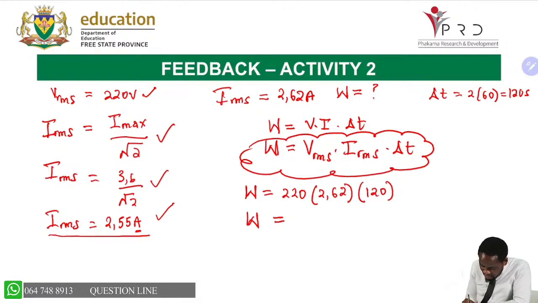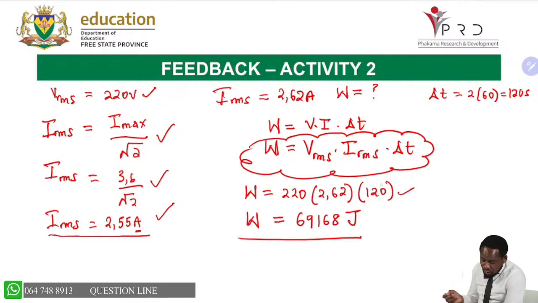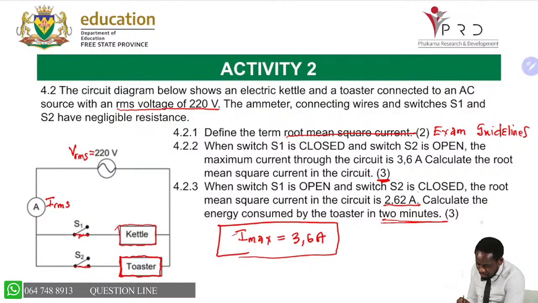So it's 69,168 joules. That's how we get to that. So the formula, substitution, and correct answer with unit give us a total of 4 marks. So pay attention to that. If it's 3 marks, it means it's formula, substitution, and answer. So pay attention to the mark allocation there.